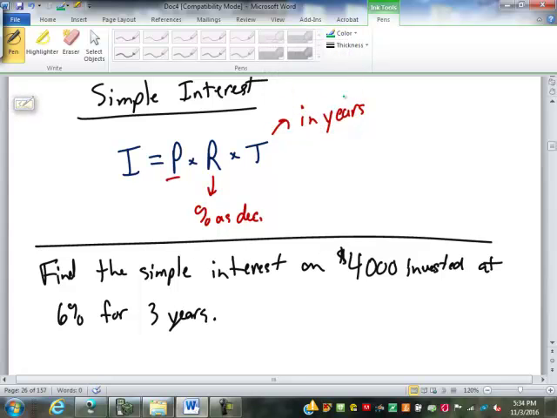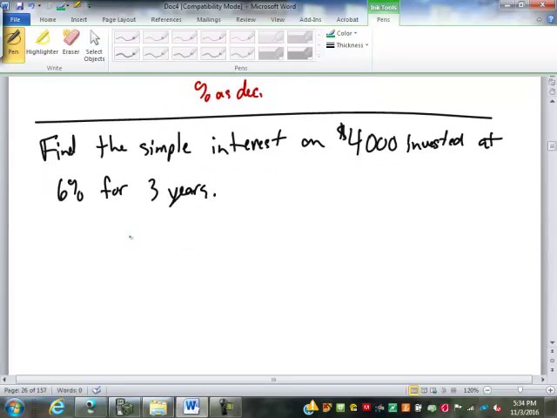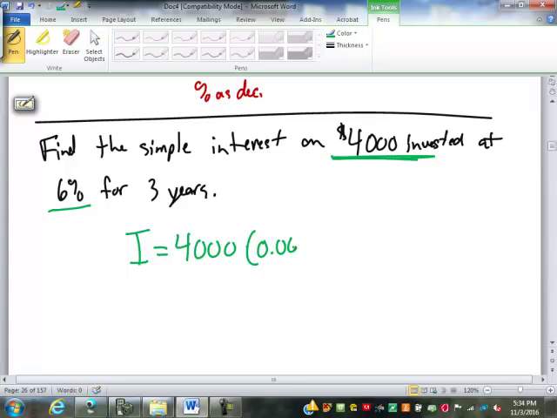The amount of simple interest is going to be I equals P, the principal in this problem would be the $4,000, good, times my rate, well, 6%, but we have to express it as a decimal, would be 0.06.